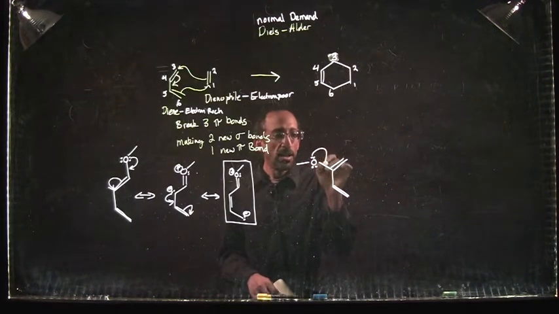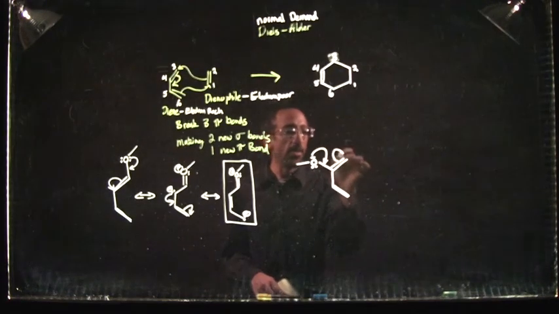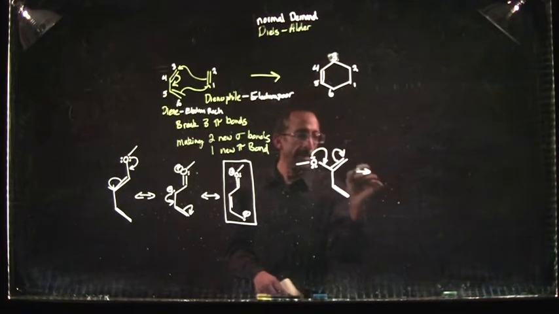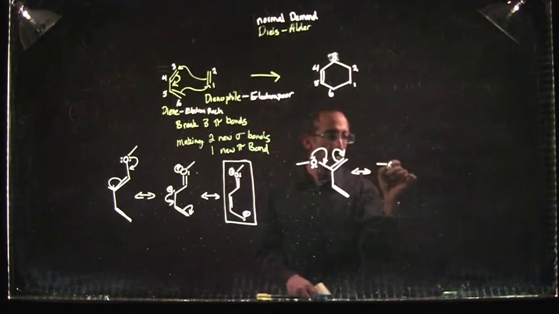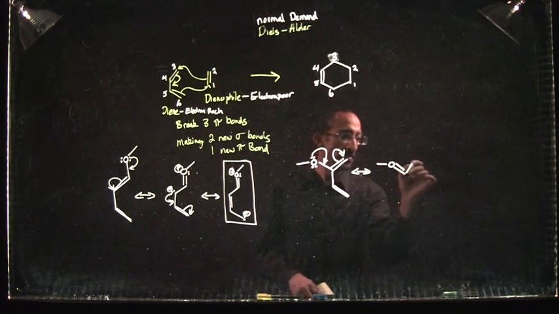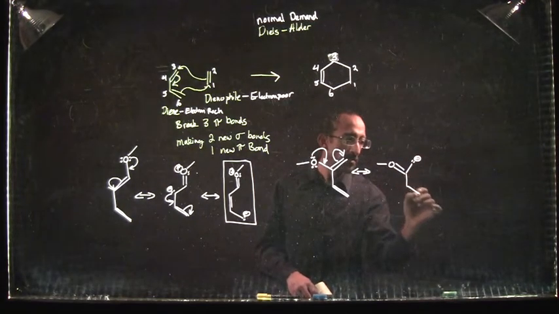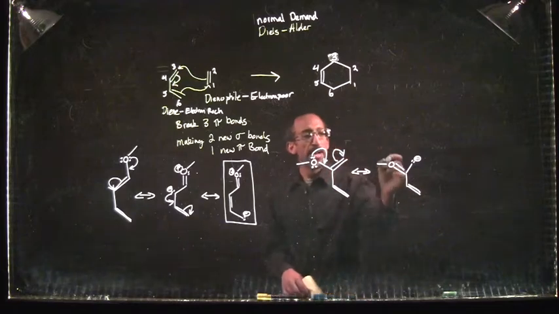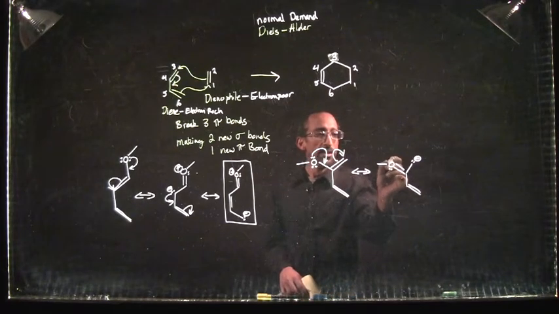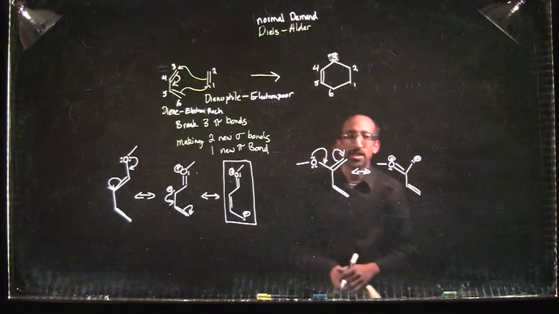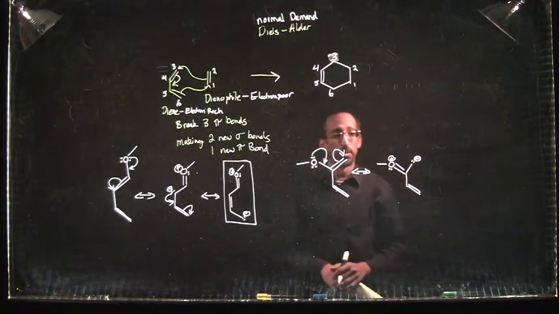Here now I can only create one other resonance structure, where I'm able to put a negative charge onto one of my terminal carbons.